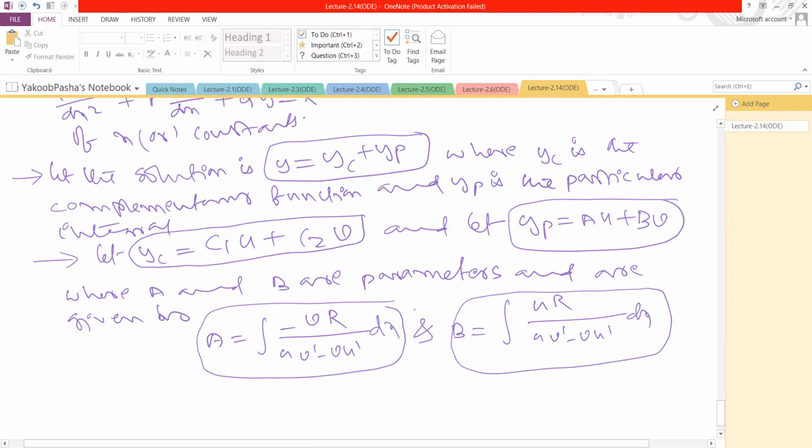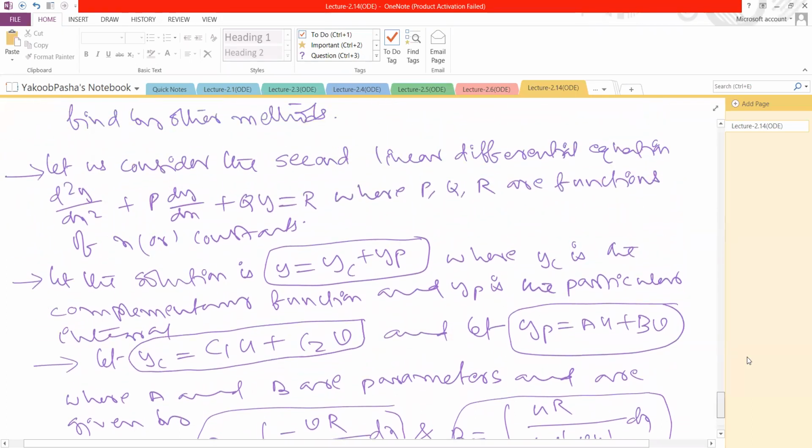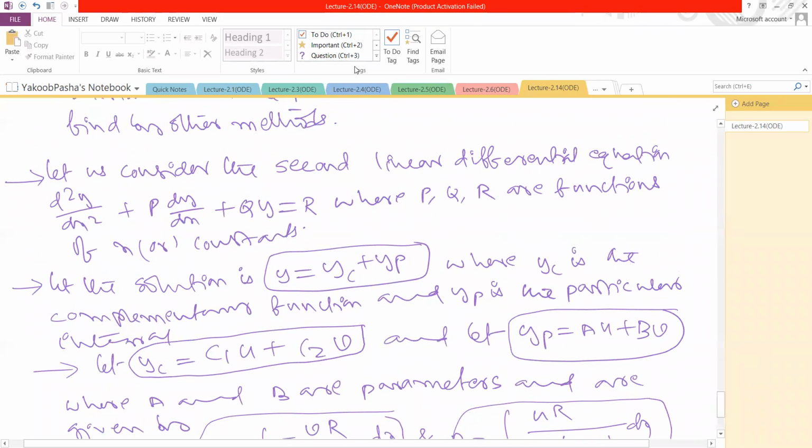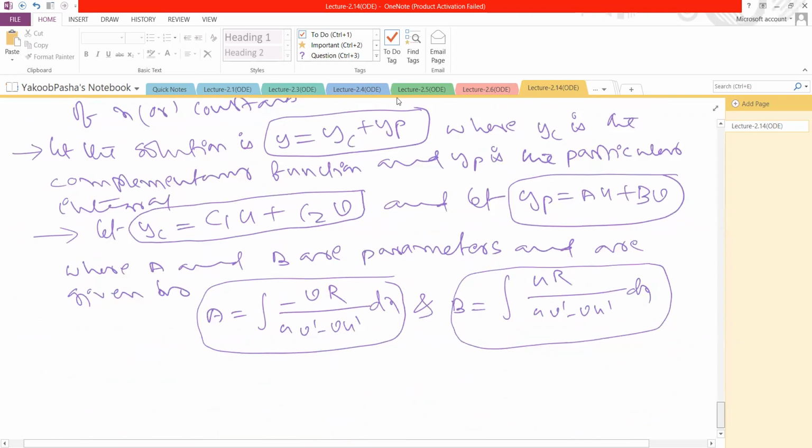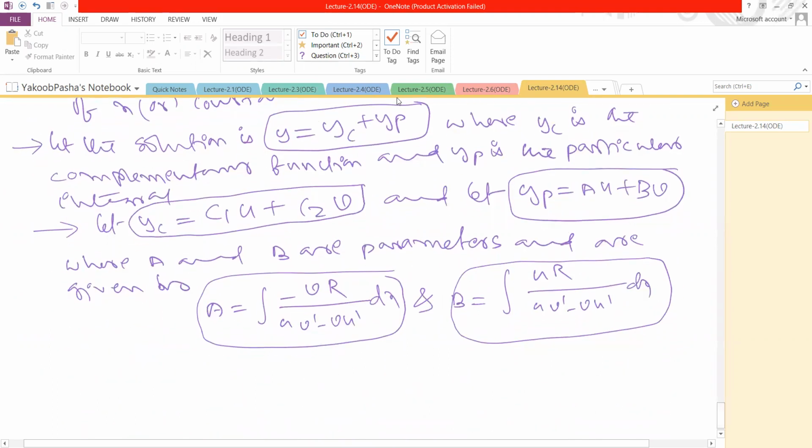Okay. Now, how to solve the differential equation by variation of parameters. First, the given differential equation should be of second order, and first we have to find the complementary function, that is yc, in the form of c1u plus c2v, and we take yp as Au plus Bv, where A and B are parameters given by these two formulas.